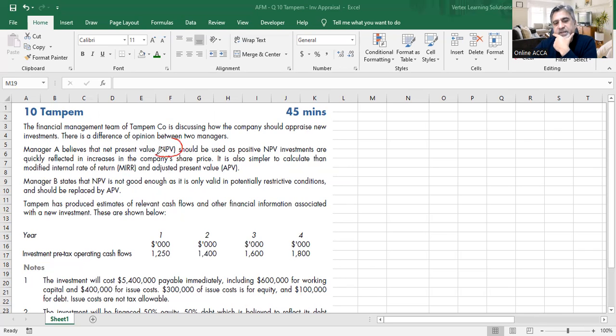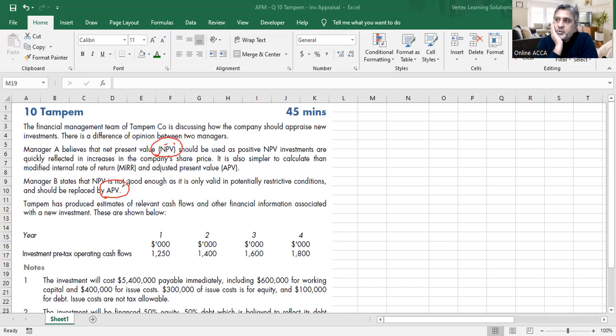So we've got NPV calculation, and we see that NPV always wins over IRR. Then why do we have APV, adjusted present value? So this is net present value. This is adjusted present value. When you already have this NPV, why do you need adjusted present value?